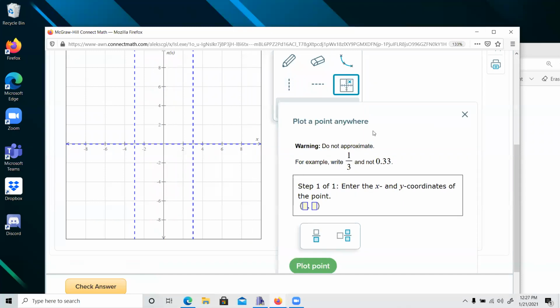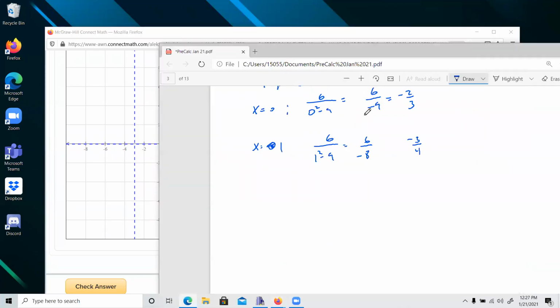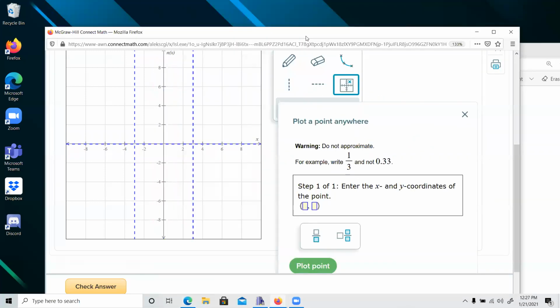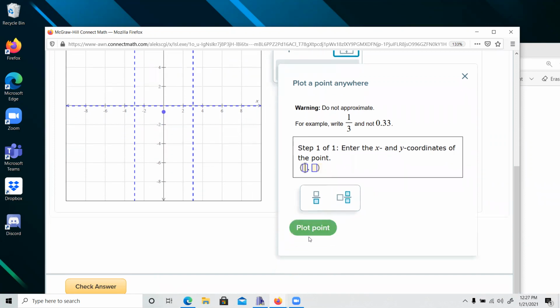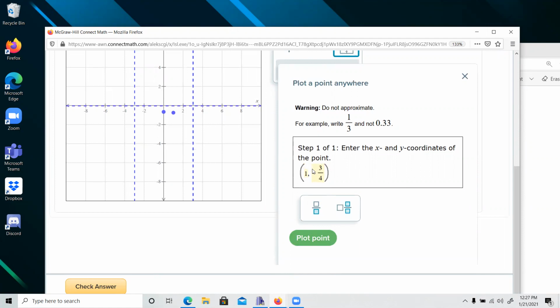We've got 0, negative 2/3, and we have 1 and negative 3/4.